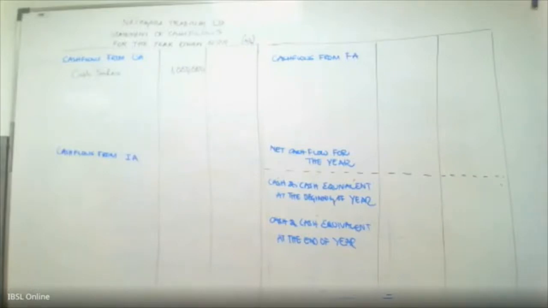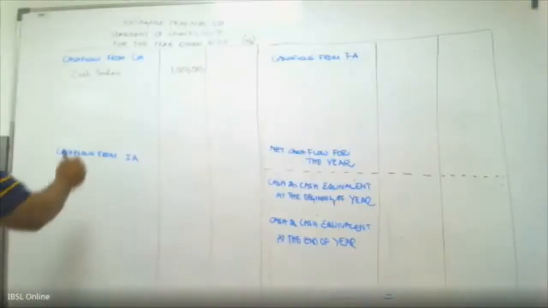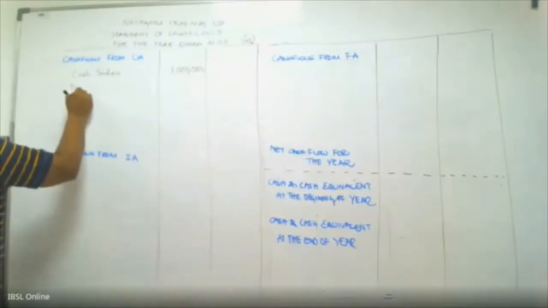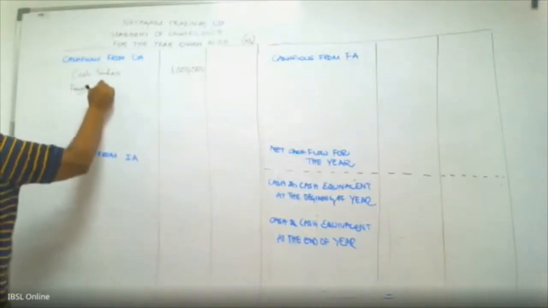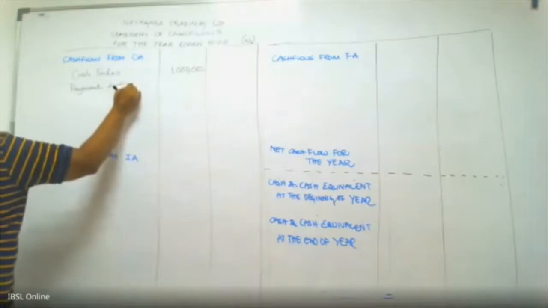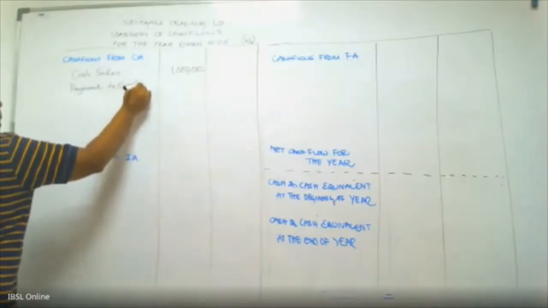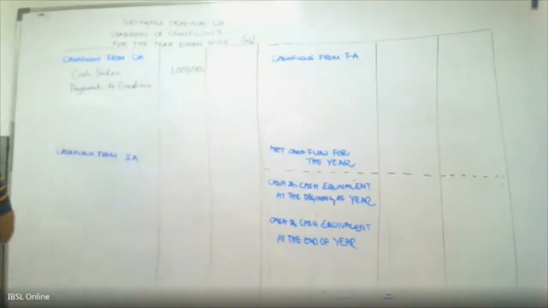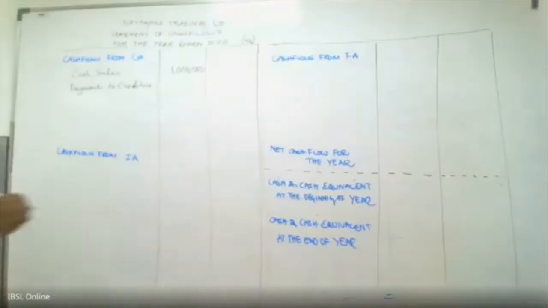Then payment to creditors. What is the category? Operating activities. Inflow or outflow? Outflow.